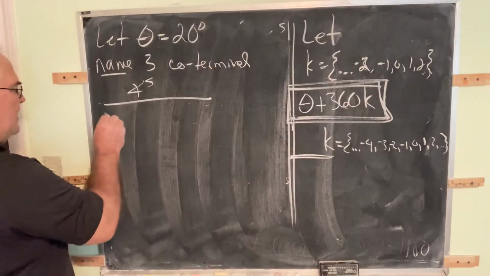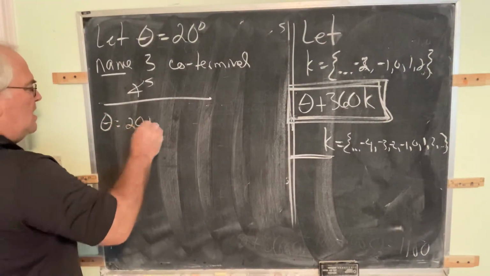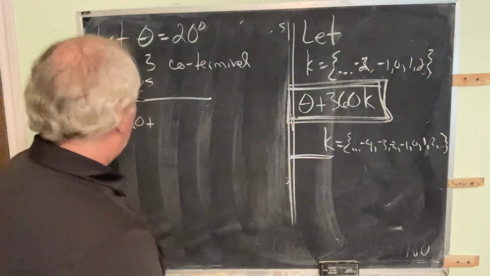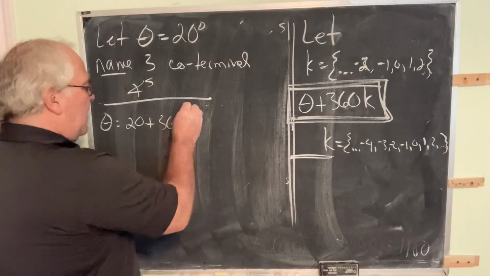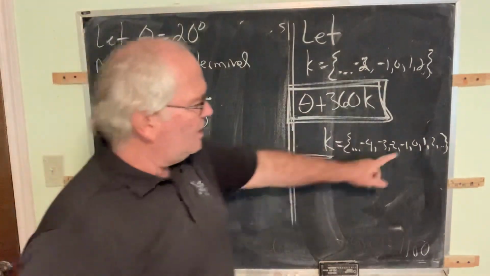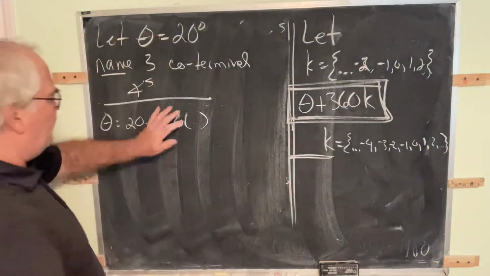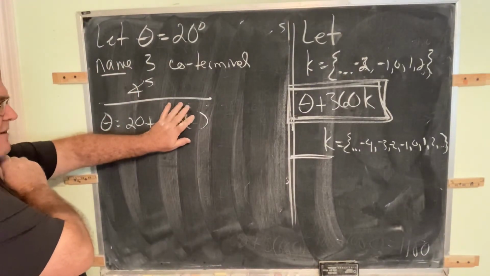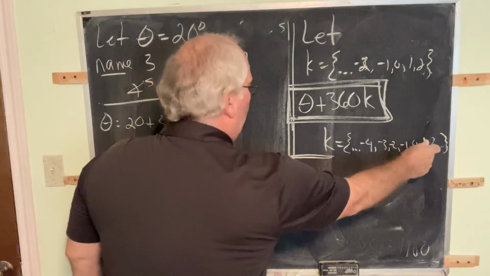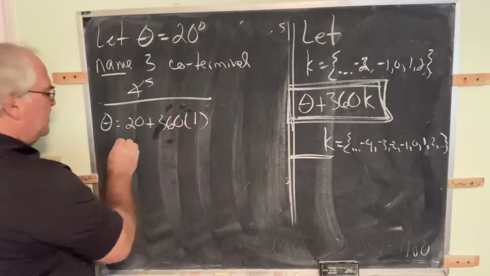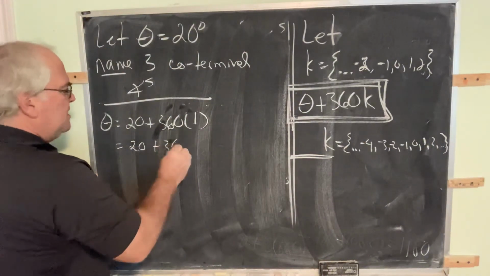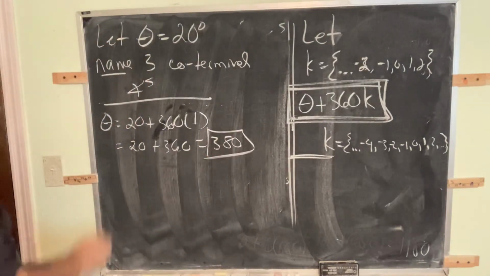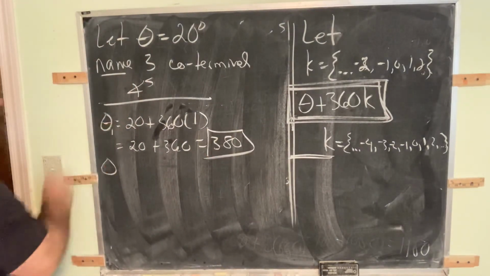So we could have theta equal to 20 plus 360 times whatever K you want. Well, you probably don't want to pick 0, because then this falls out and it's the same angle. So if I let K equal 1, let's say, then this is 20 plus 360, which is 380. That's my first coterminal angle. Call this theta number 1.